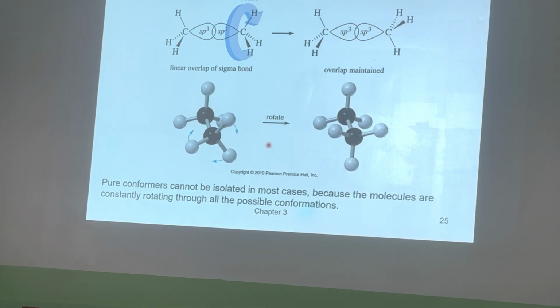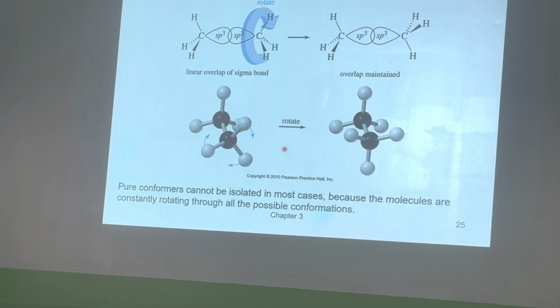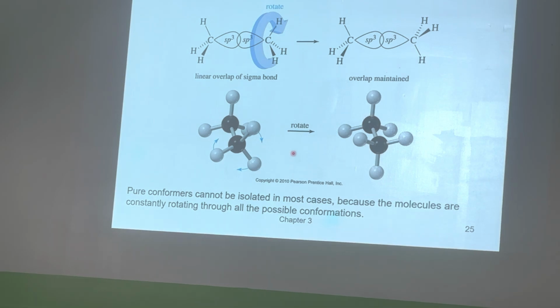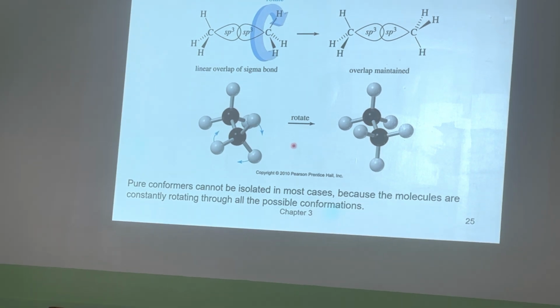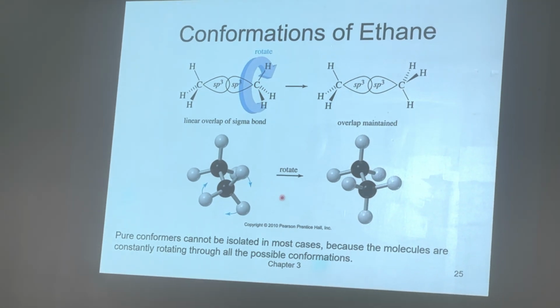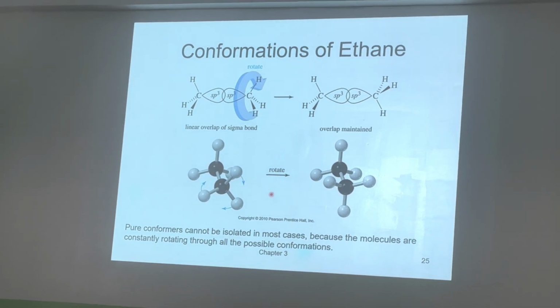So we're going to get different possible conformations, and different possible conformations give us different energies of these molecules. And that's what we do. All right.